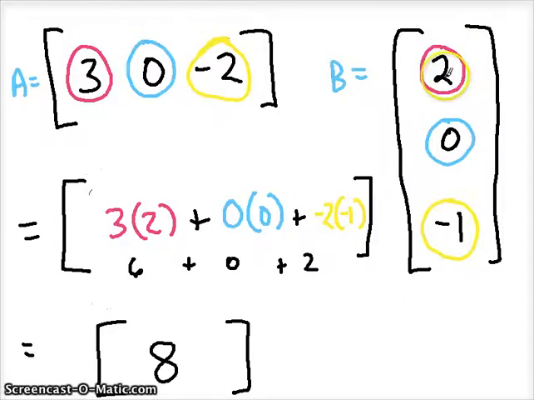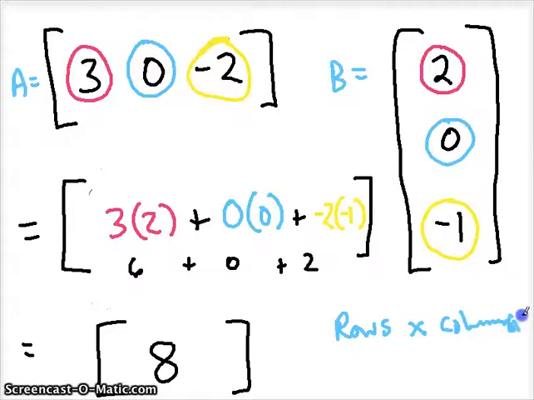So we're really doing row by columns when we multiply. Row multiplied by columns. Kind of the same order as you would write the size of the matrix. Rows times columns.